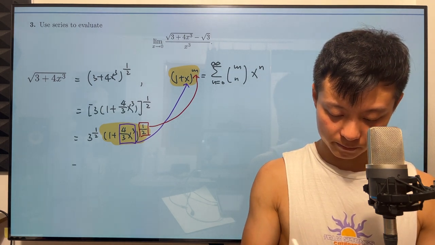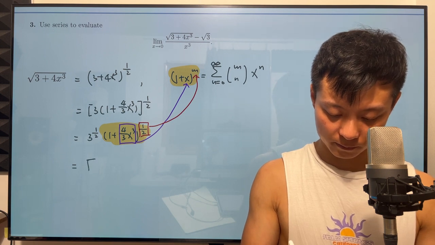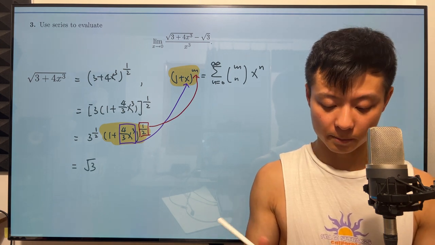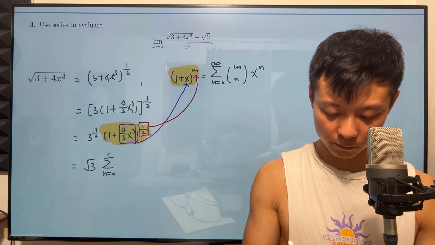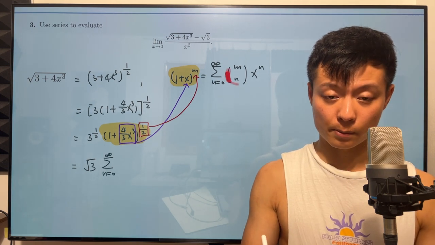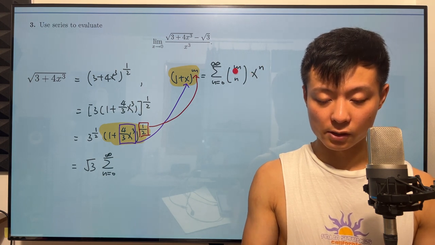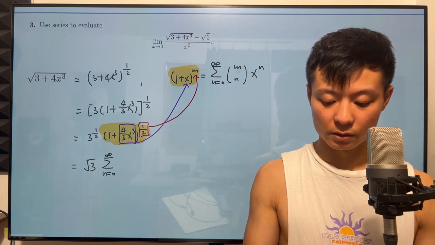So we're gonna replace that expression with the summation in the template, and then we have sigma n from 0 to infinity, the right hand side expression, where in this case m is 1/2.